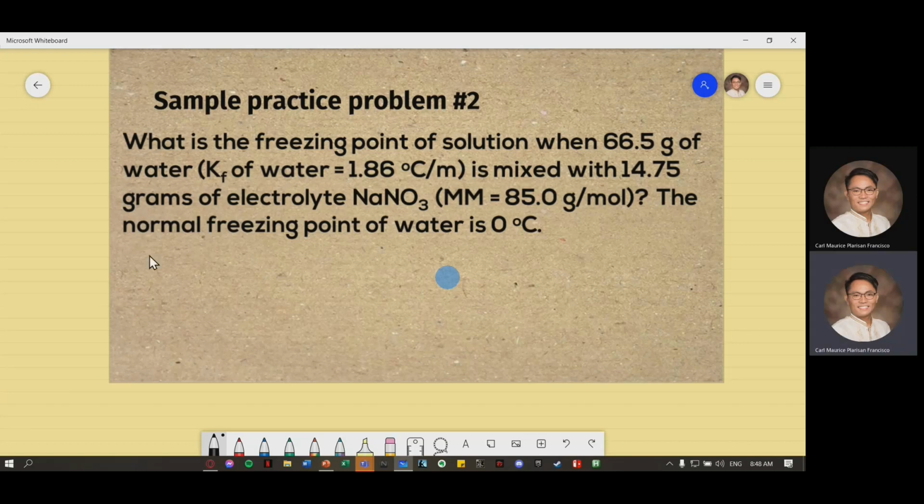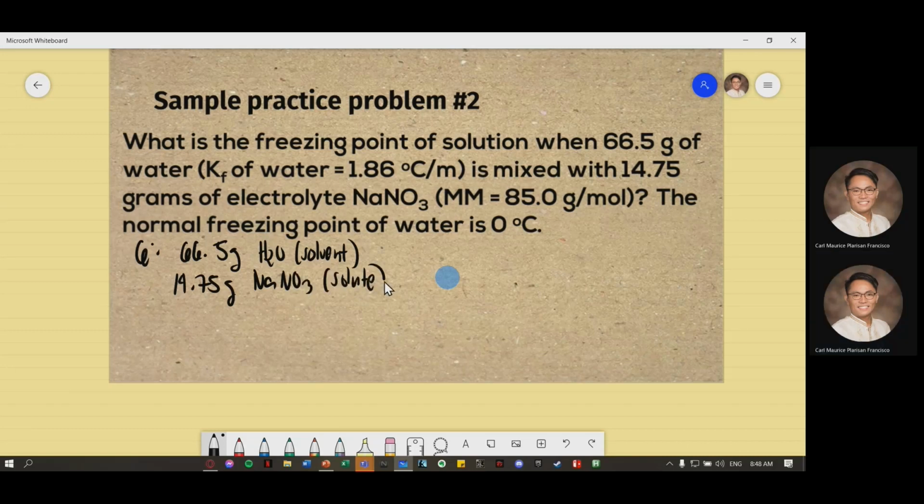So let's write the given. Given are 66.5 grams water, solvent, and then 14.75 grams of solute, NaNO3, sodium nitrate. And then we have here Kf of water, 1.86.